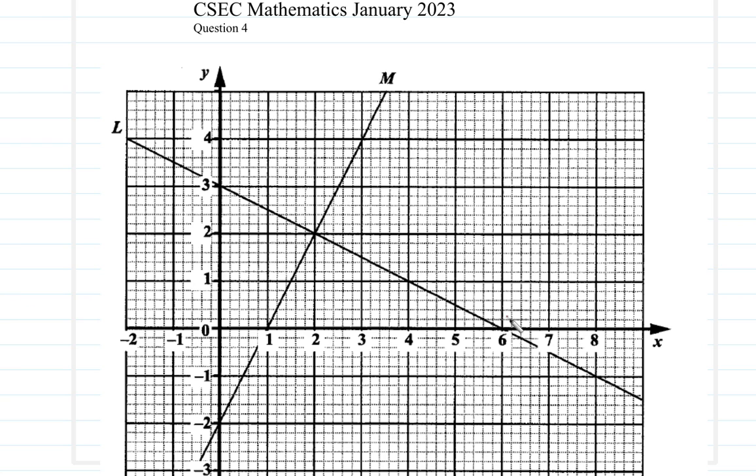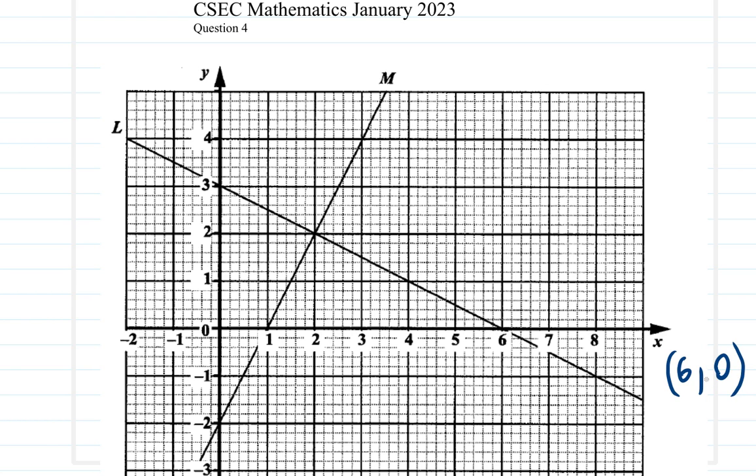Let's see. It's right here. So the x-intercept would be 6, and the coordinates of the x-intercept would be 6, and what should come here? 0.